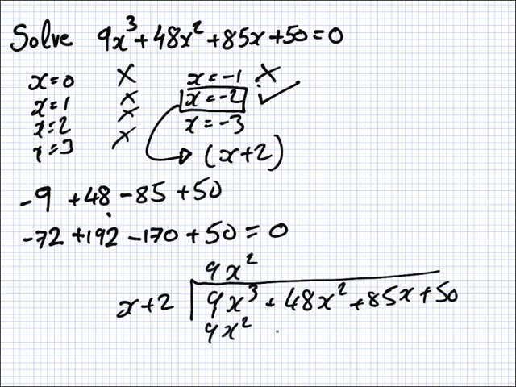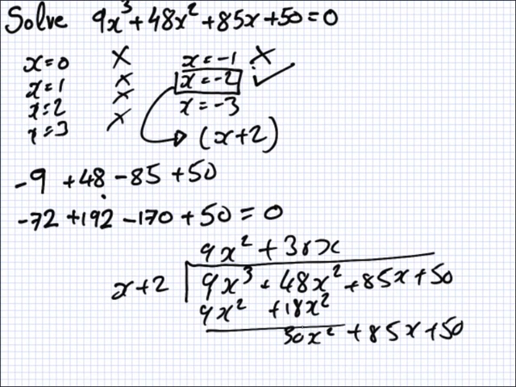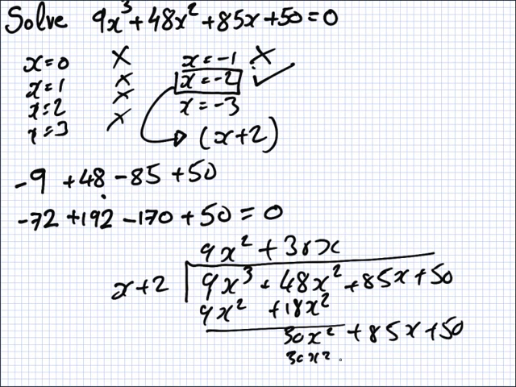That'll be 9x cubed plus 18x squared. And what do we get here? 30x squared, isn't it? So what's next? 30x. So that'll be 30x squared plus 60x, won't it? So what's 25x, isn't it? Plus 50. So what's the last one here? Plus 25. And yeah, 0, 0 for the rest then.